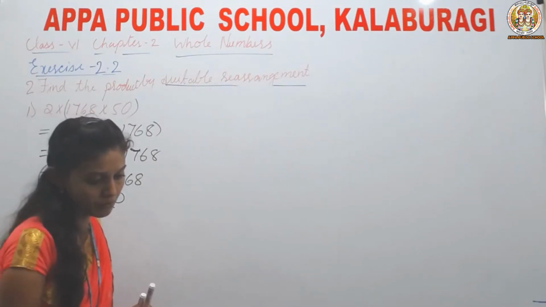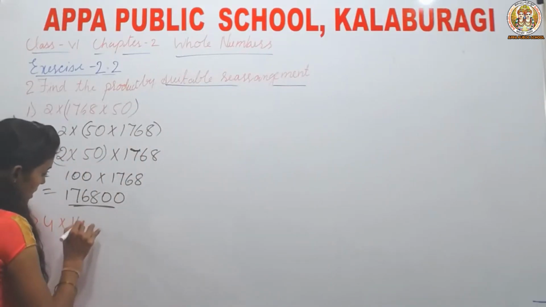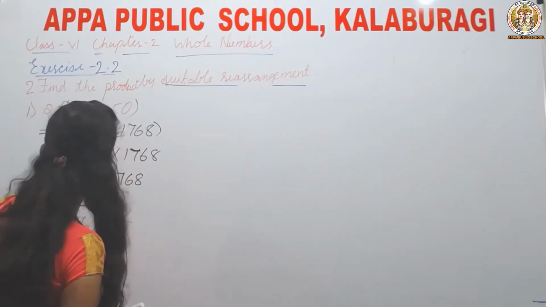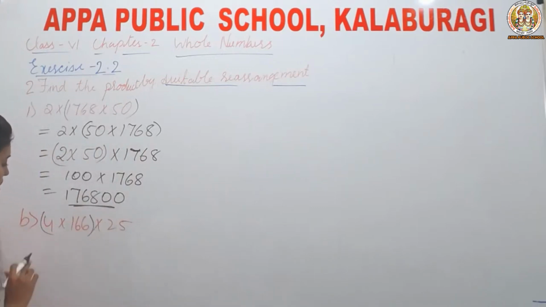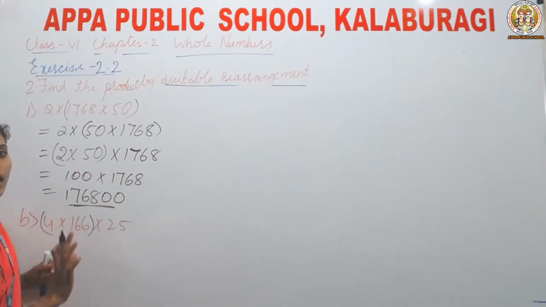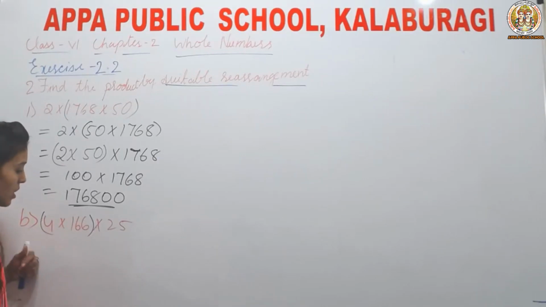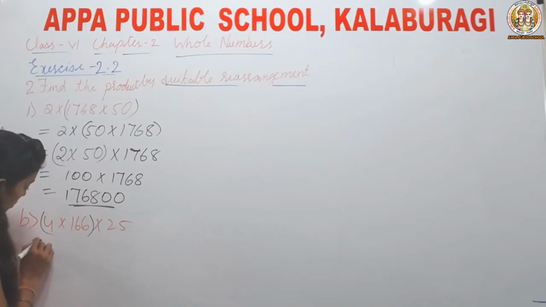Second problem. 4 into 166 into 25. As I said just now, any two numbers we can exchange. Here I know that 25 4s are 100. Again, I'll get a very easy answer, isn't it? So therefore, I'll multiply these two numbers first. So I'll exchange these two numbers.